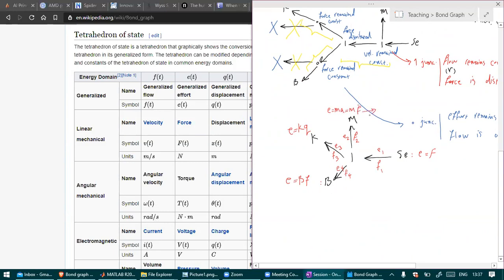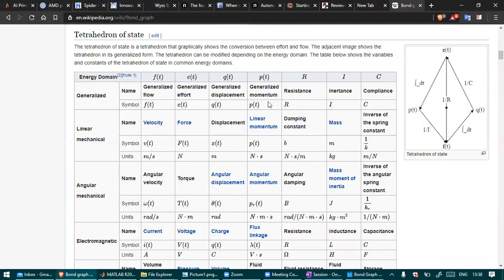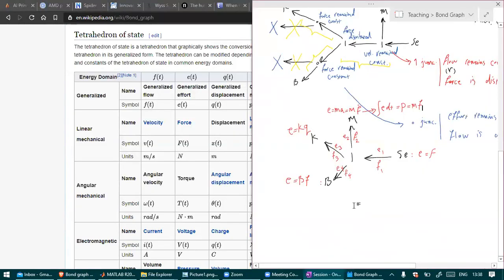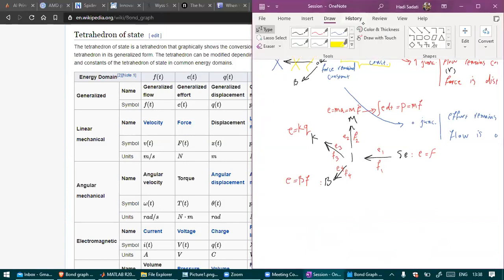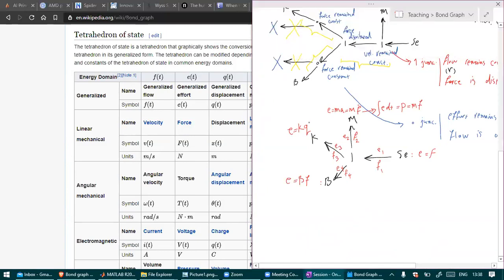So if I integrate both sides, I end up with the integral of effort equal to M F, and the integral of effort is basically momentum, which we show by P here. So P equals M F. That's why the definition of momentum and the definition of displacement are important. You see that we have the displacement here and we have the momentum here.